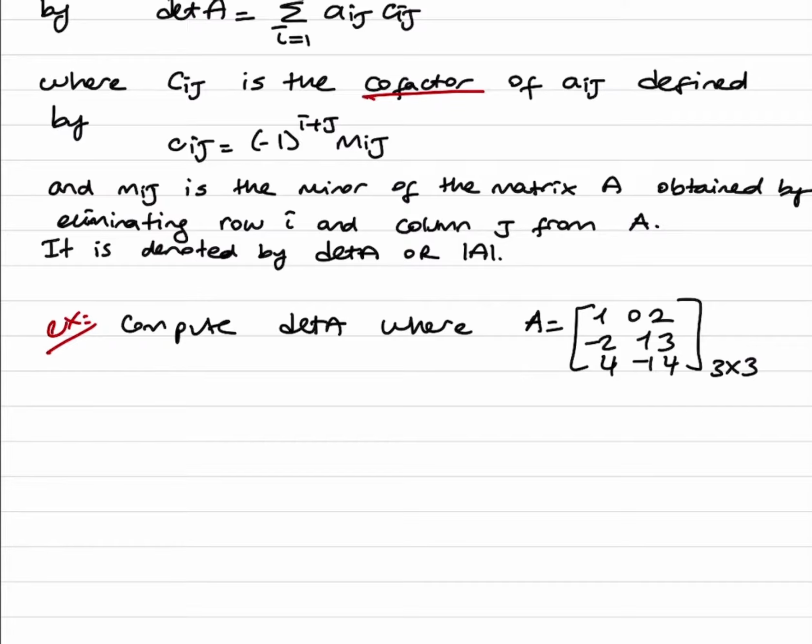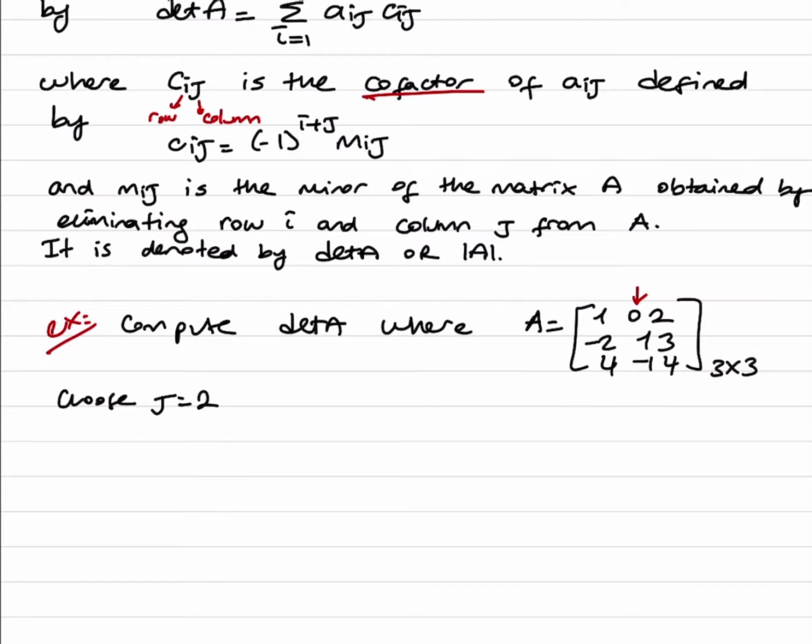and we will choose j equal to 2. Here i stands for a row, and j stands for column, remember, and we choose the second column.